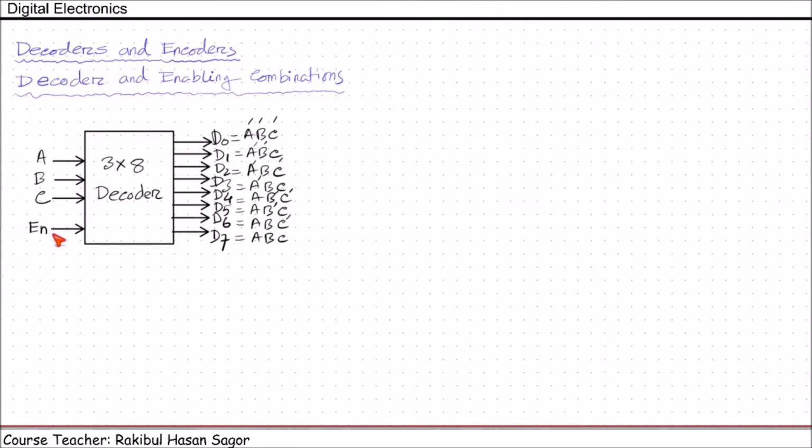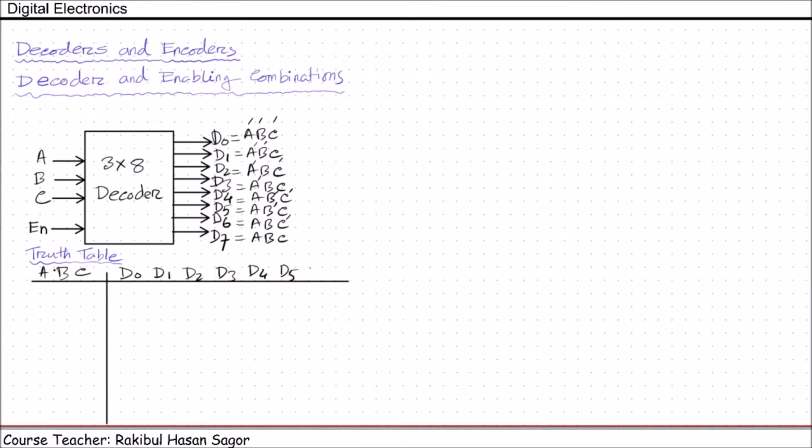So if I draw the truth table, then we will get a better picture. We have 3 inputs A, B, C, and outputs are D0, D1, D2, up to D7.